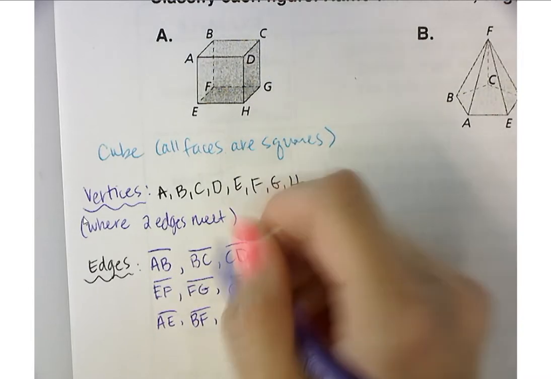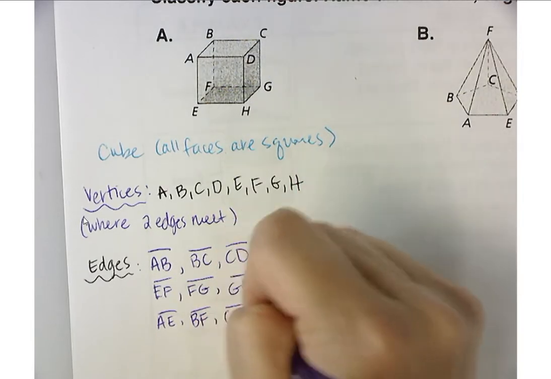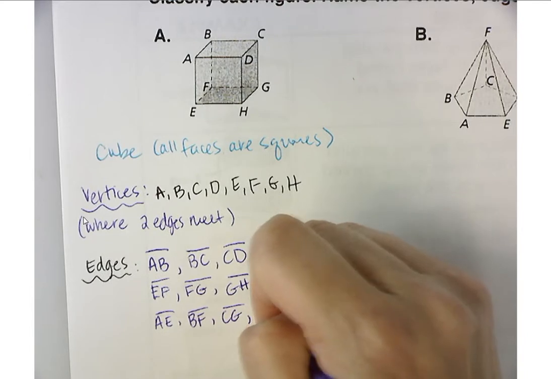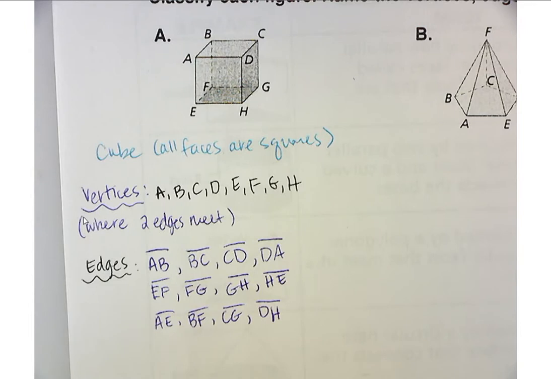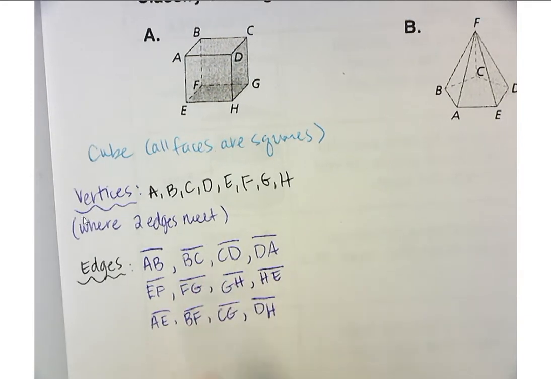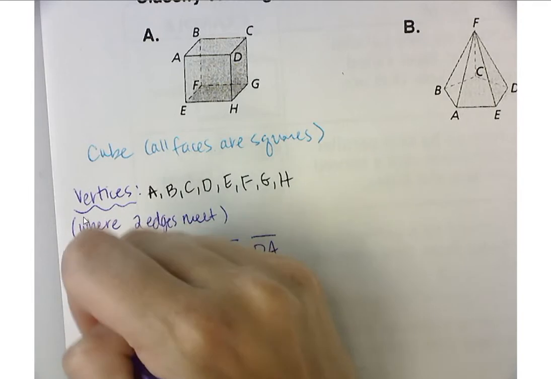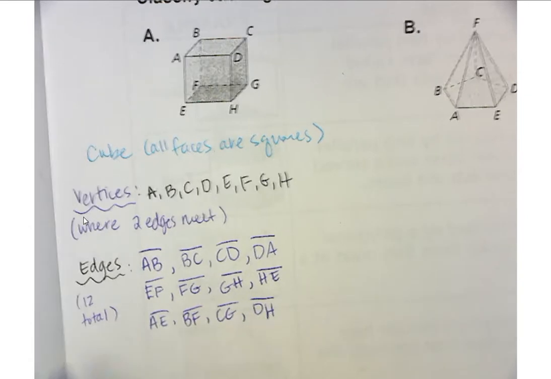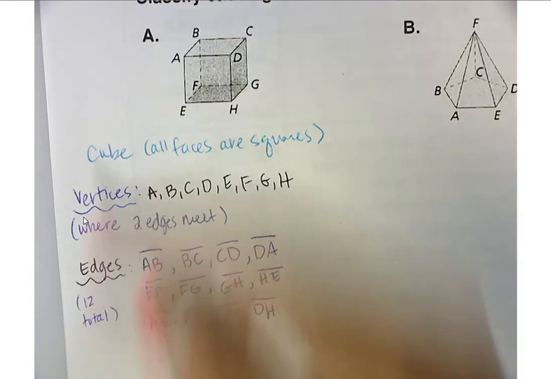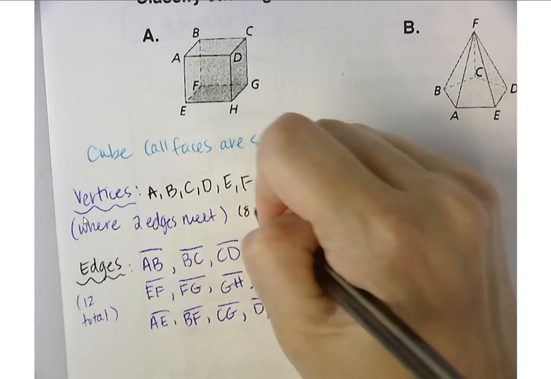Here I have C connected to G. And then the last one I have is D connected to H. So notice that for this one I have how many edges? I have 12 edges. How many vertices did I have? 8 total.